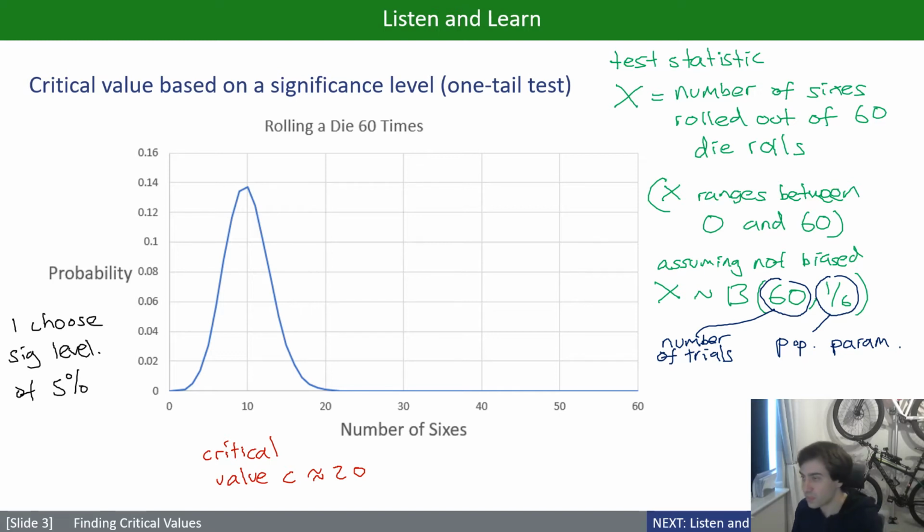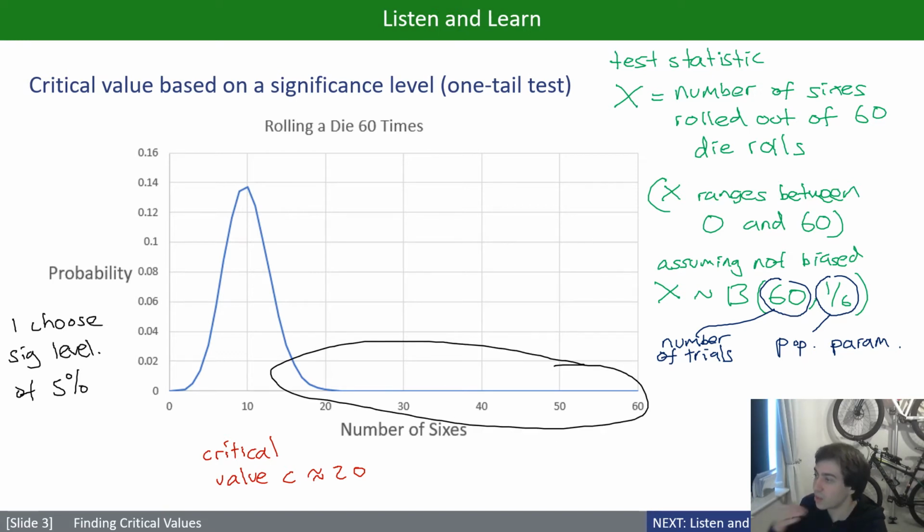What that means is you're going to take the sum of the probabilities of the most extreme values over here, and you're going to add up all of that. So probably we'll have to go a bit further, maybe up to here.